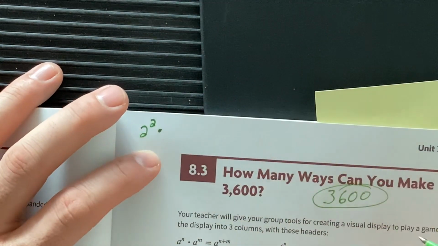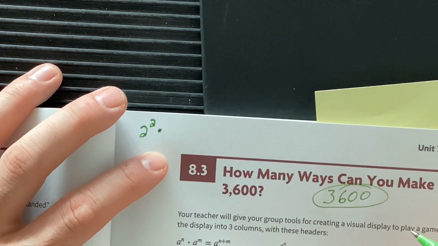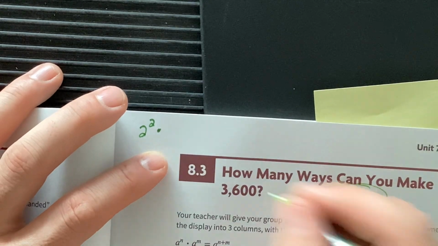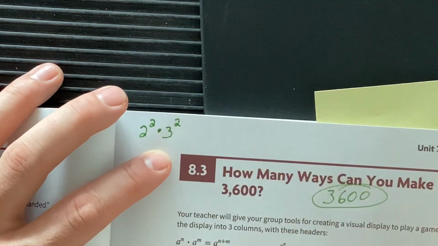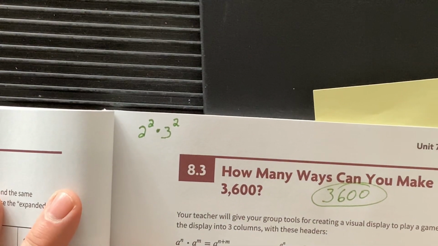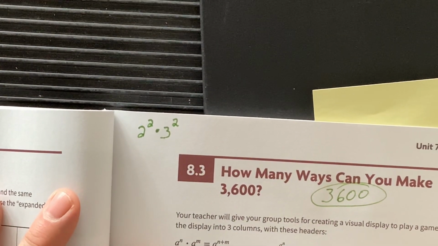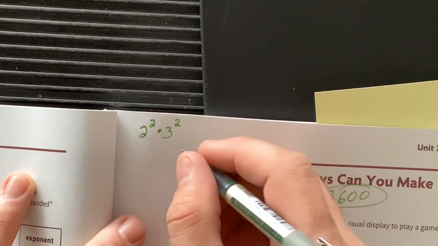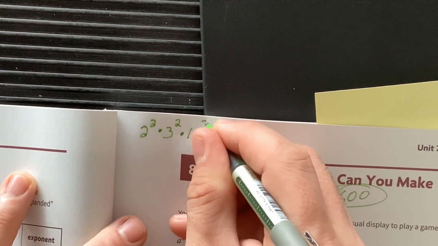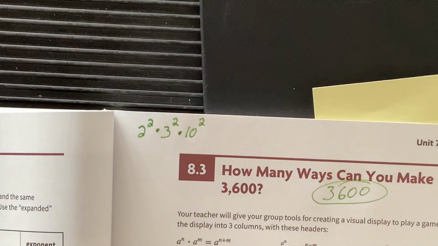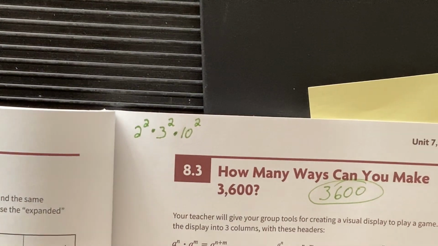That's of course 4. Three squared is 9. 4 times 9 is 36. Times 100 would give you 3,600. So there's one.